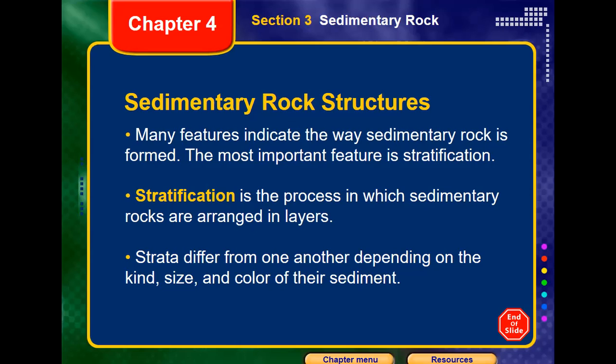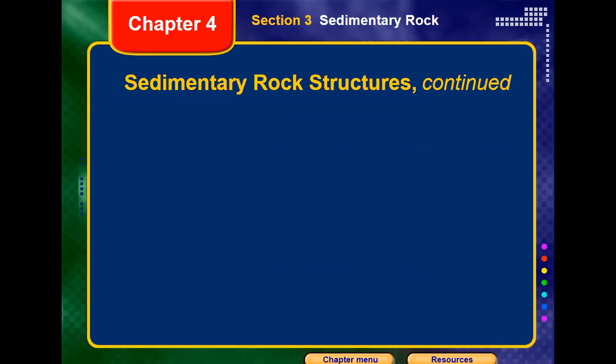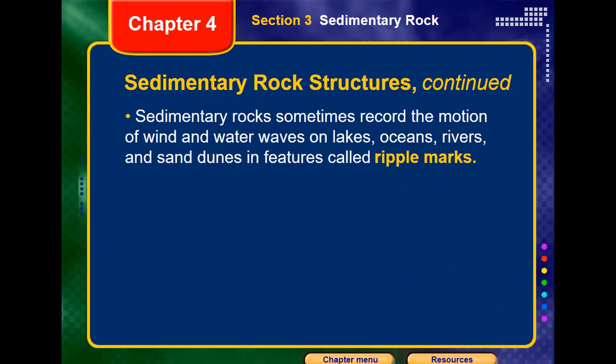Also, the most important thing about sedimentary rocks is that they could record the motion of wind and water, waves, lakes, oceans, rivers. Because sedimentary rocks are made of sediments, small pieces of rocks, if a strong wind passes over them, these pieces of rock will move. They will make shapes that represent the direction of the wave, the water, or even the wind.